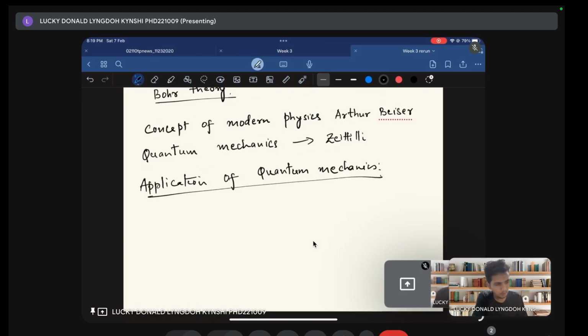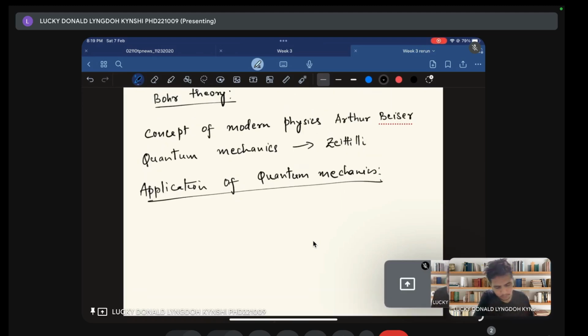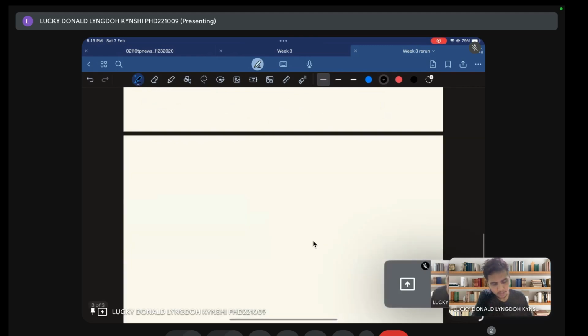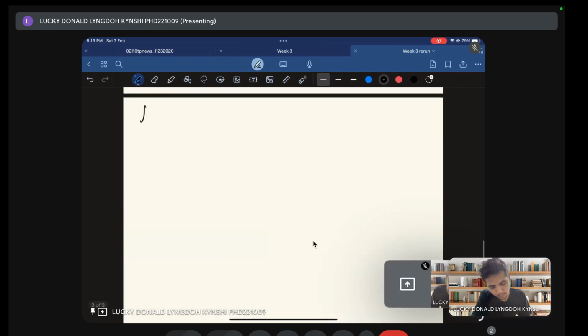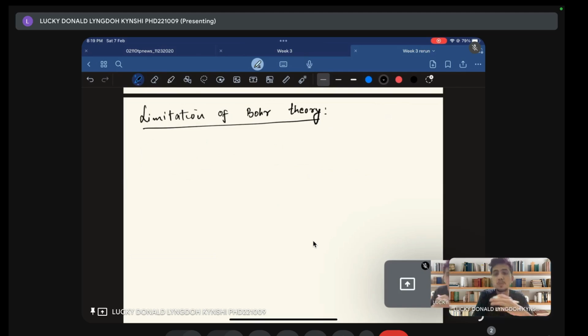Before we go there, let's see a few things. Limitations of Bohr's theory. Yes, Bohr's theory could explain atomic spectra and so on, but there are a few limitations it cannot explain.